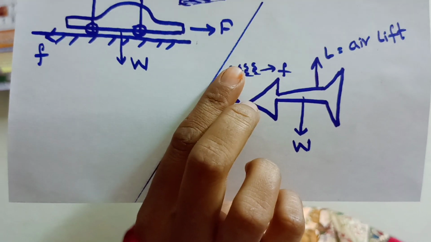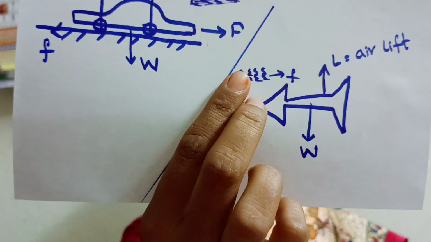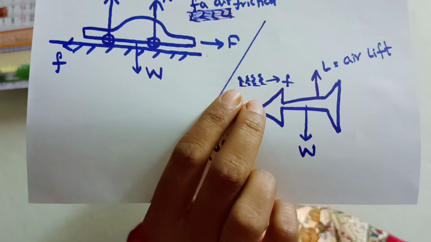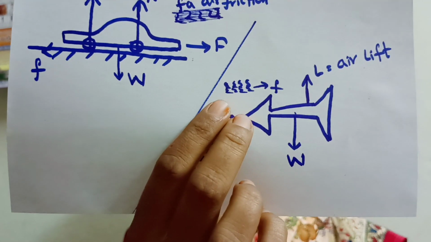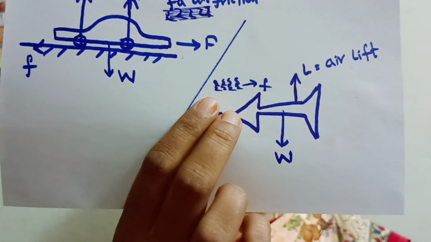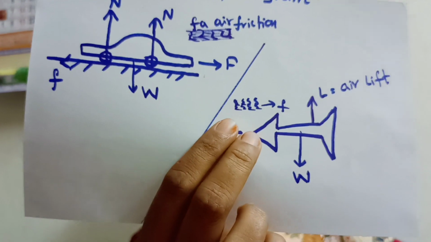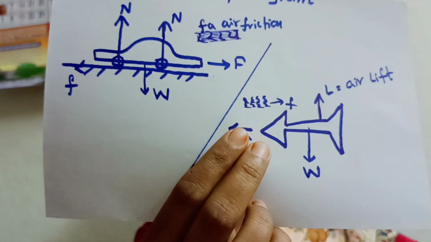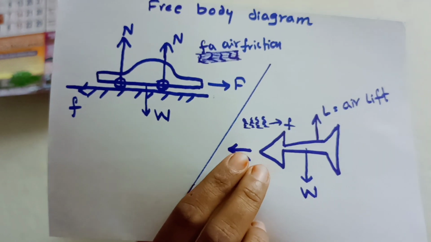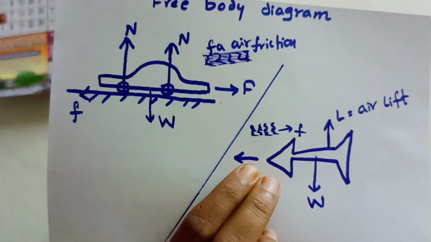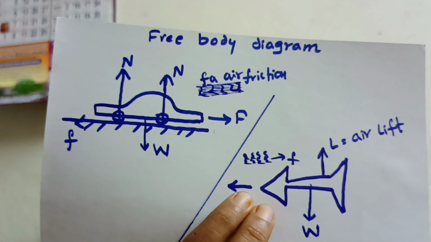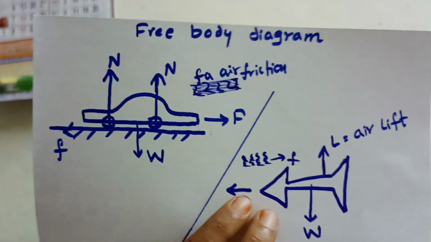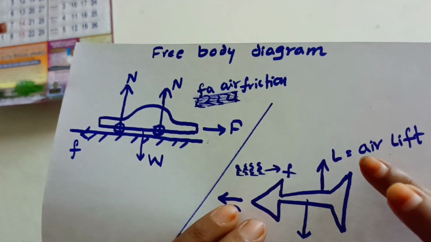Suppose it is moving in this direction. Then we observe air friction also. So the rocket does not fall down because of air lift.